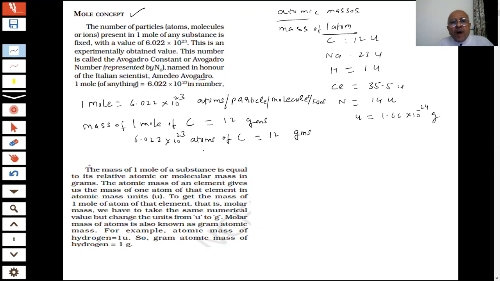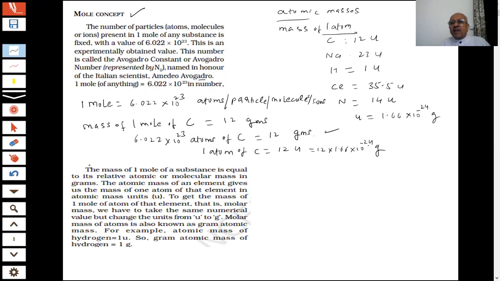If I said the mass of one atom of carbon is 12 U, this U is how much? 12 × 1.66 × 10 to the power minus 24 grams, students. This number is very small, but I can use 12 grams in my everyday life. Tell me, yes or no?